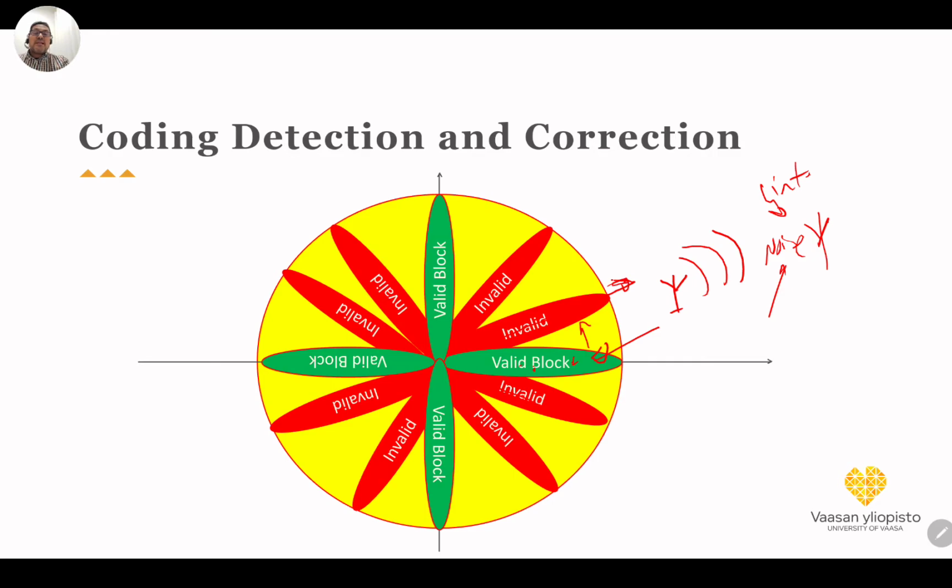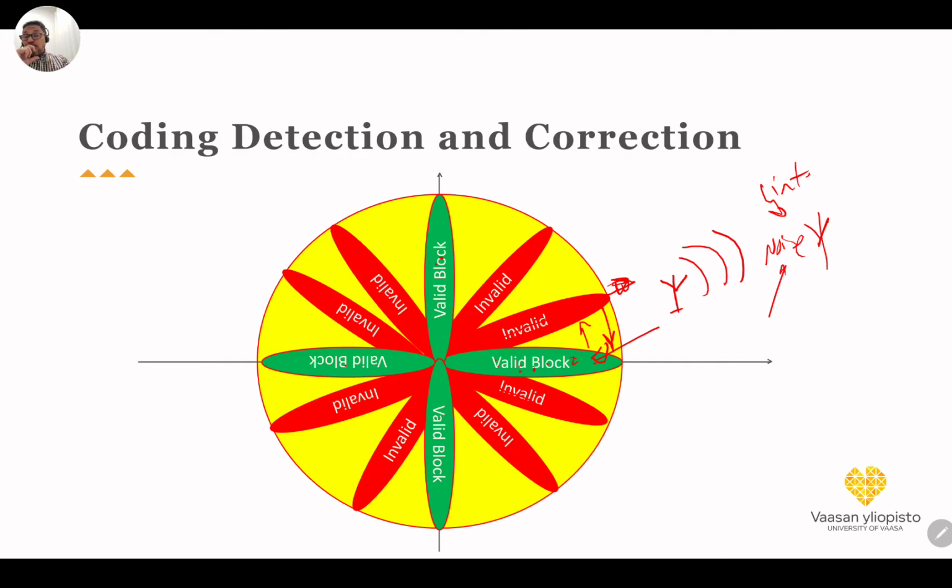Based on that, we can correct the error and get the valid block. So this is the correction capability. You can see that the Hamming distance from this block to the other valid block is 2. The Hamming distance to this one is even more, because it will be 1, 2, 3, 4, 5, and so on. So the closest one, the one which has only one Hamming distance, is only this valid block. Then we can correct this error.